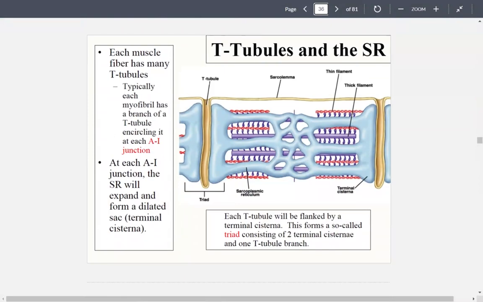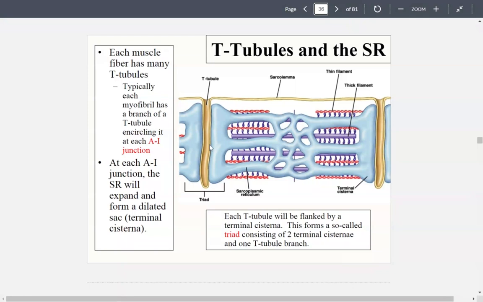All right. Going back to our T-tubules and sarcoplasmic reticulum. So a T-tubule is a pouching out of the sarcolemma, and it's going to extend all the way through to the other side.